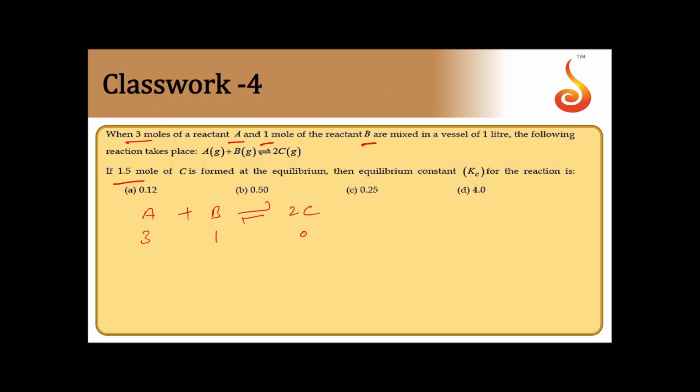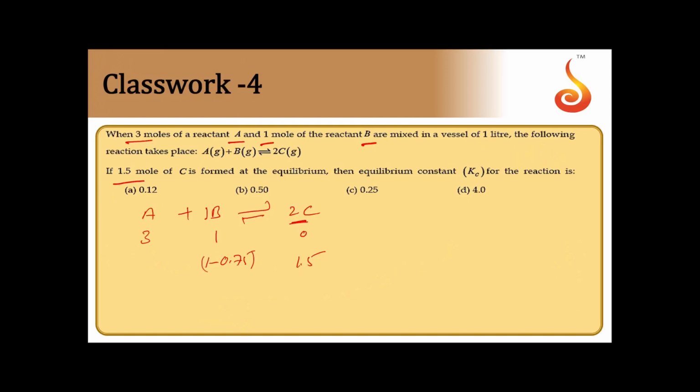At equilibrium 1.5 moles of C is formed. From the stoichiometry, 1 mole of B gives 2 moles of C. Since we got 1.5 moles, 0.75 moles of B should react, half should react there. So we have 1 minus 0.75 for B.